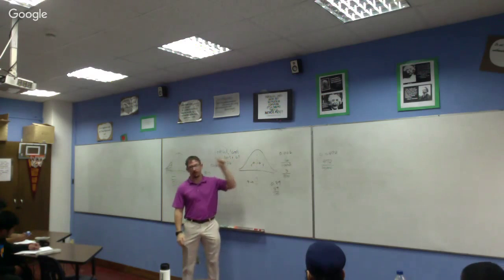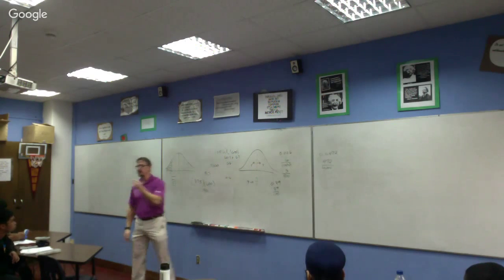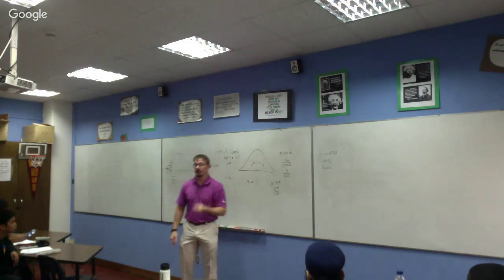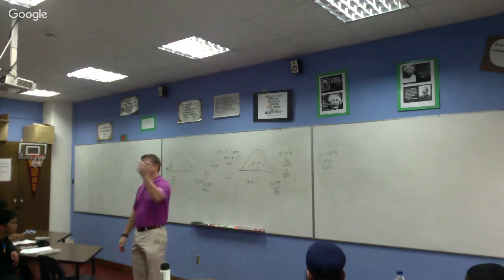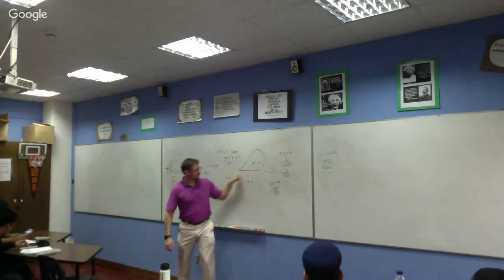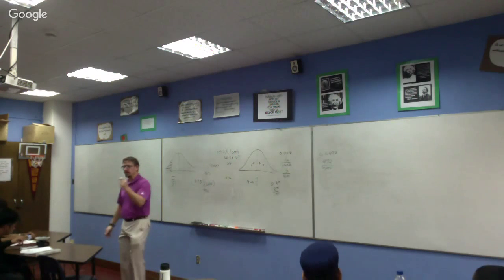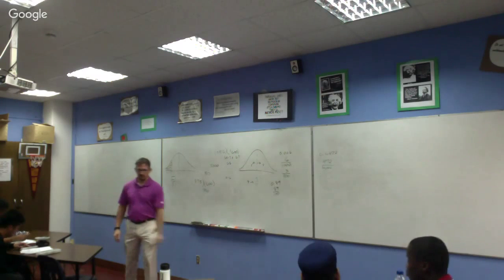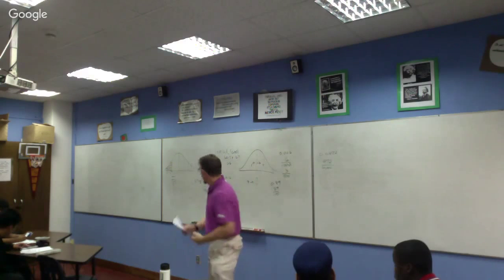Now if we go backwards, I'm going to give you the area under the curve, that probability, and the bounds. Now what we have to find is that x value. Where on that number line, how many standard deviations away from this starting point are we looking at?